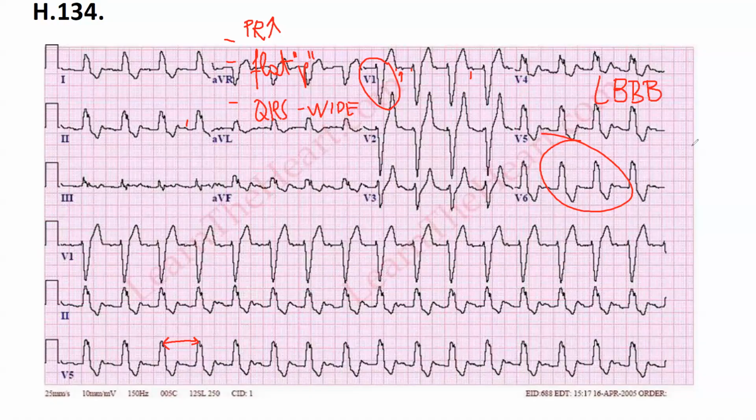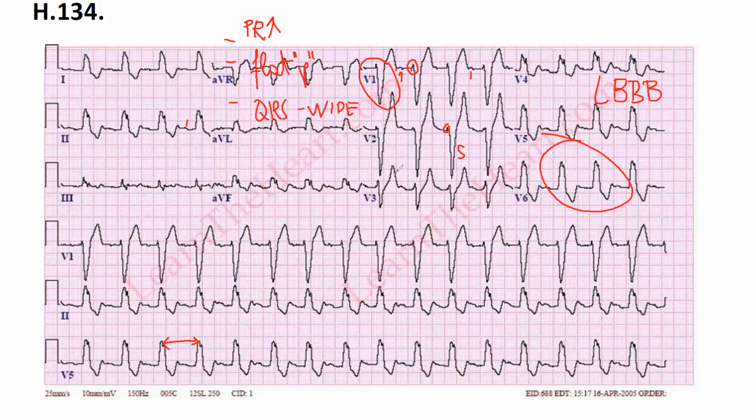V2 would be the deep one? V2, no, because you do see an initial R. If you see an R wave at the beginning of the QRS, the negative wave after it is an S wave, not a Q wave, because only the first negative wave before the first R wave is the Q wave. So we don't have one. No pathologic Q wave.